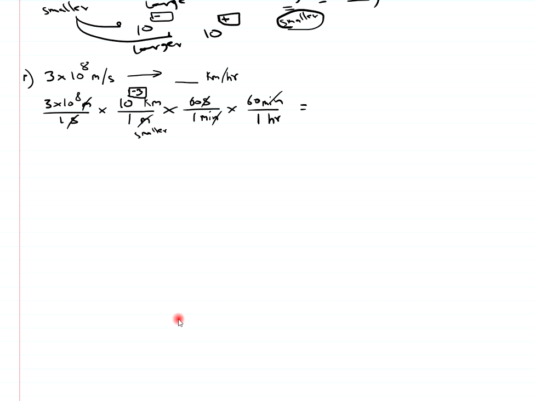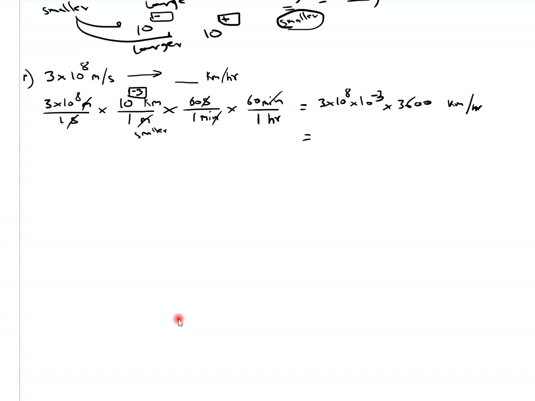So the answer would be 3 into 10 raised to 8, that's from here, into 10 raised to minus 3, multiplied by 3600, which is 60 into 60. That much we will get in kilometer per hour.